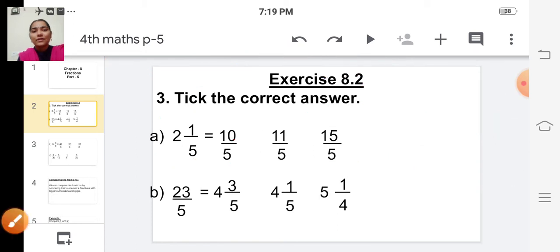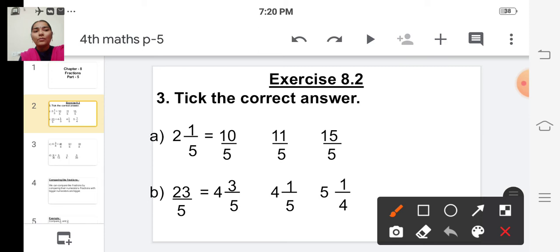Yes. Look at the next problem. They have given an improper fraction, isn't it? Because the numerator is greater than the denominator. And they have given the answers in mixed fractions. So we have to convert this improper fraction into a mixed fraction.